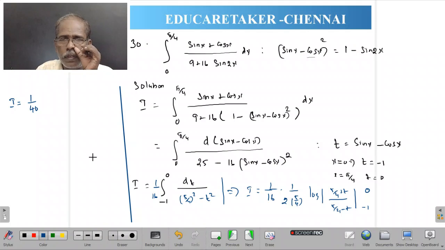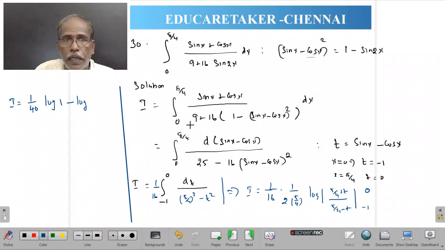And log of that is upper limit t equal to 0, 5 by 4, 5 by 4 log 1 (upper limit minus lower limit) log t equal to -1, and 5 minus 4 is 1, and in the denominator 5 plus 4 is 9.